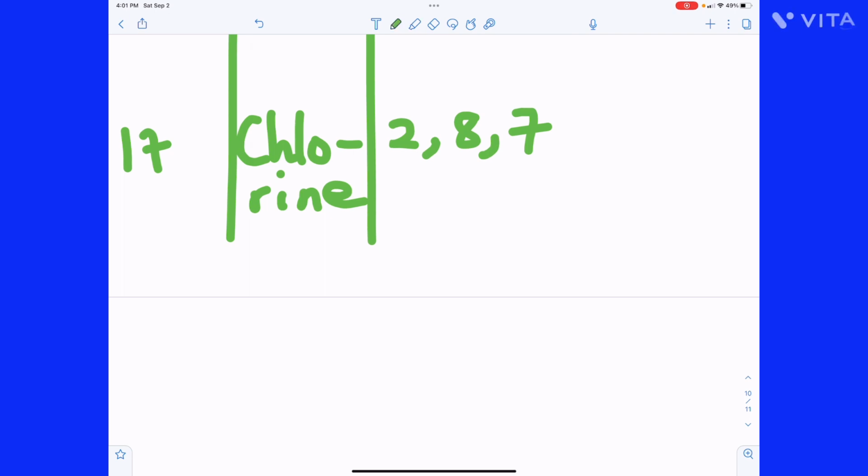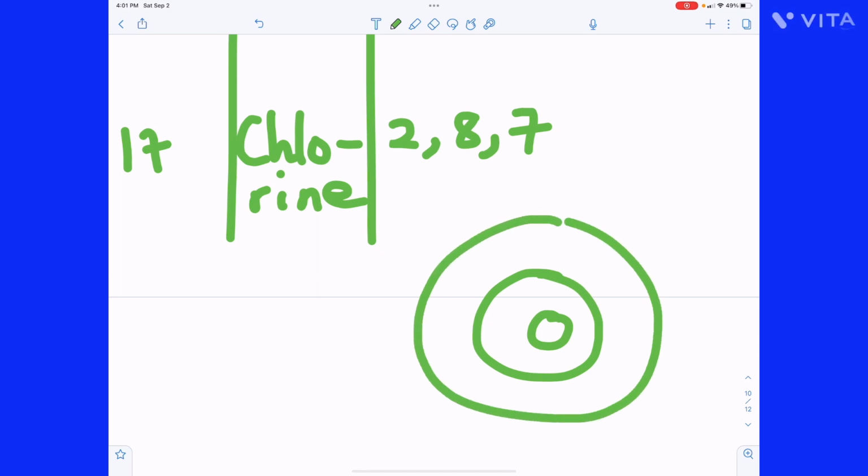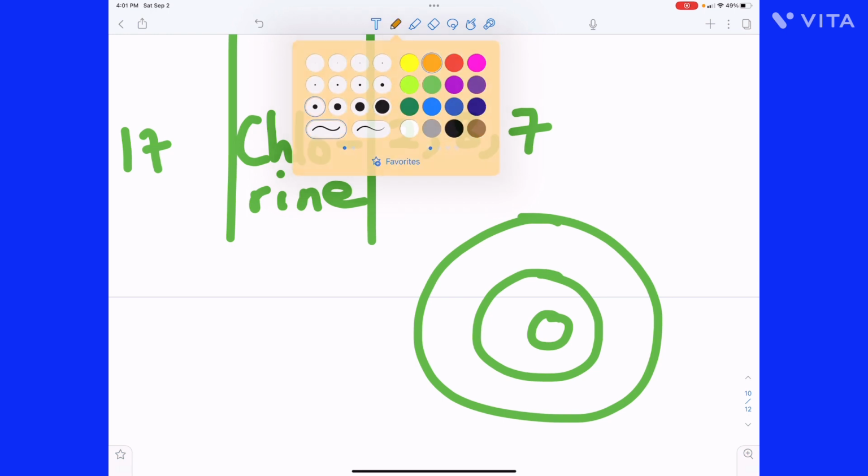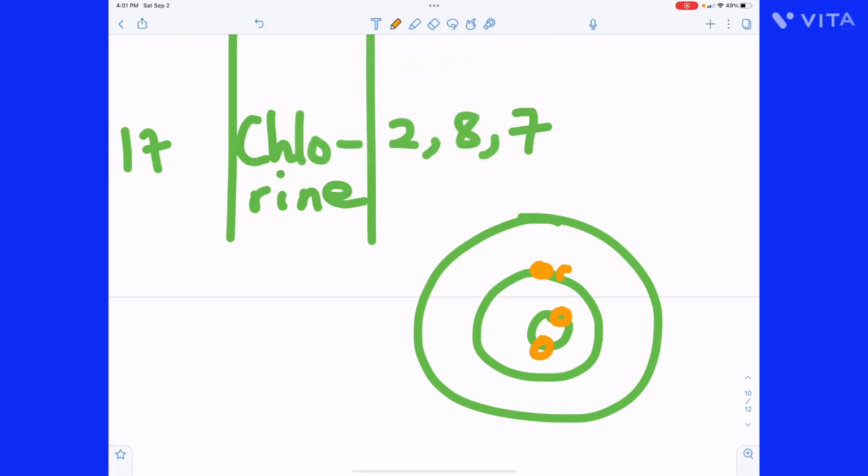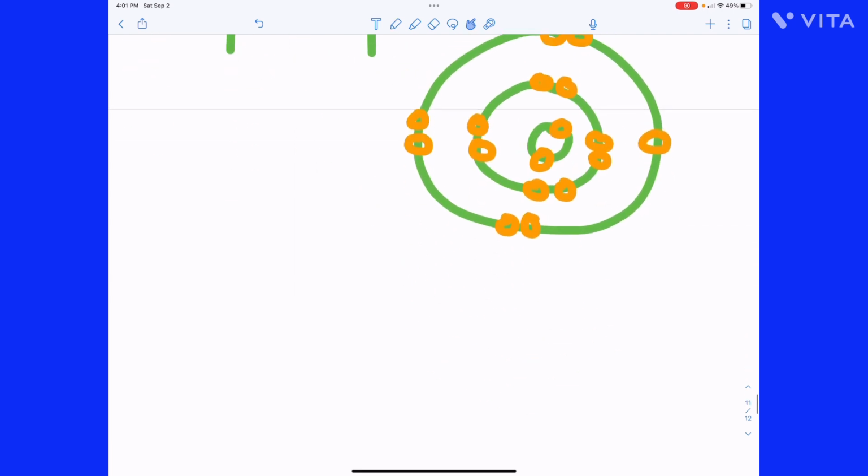So if I'm to draw a diagram for the shells, it will look something like this. Let's just make it sizable. 2 electrons. I have to draw once in a while so that it will not look like we start doing another topic within this. So 2, 8, 7 like that.